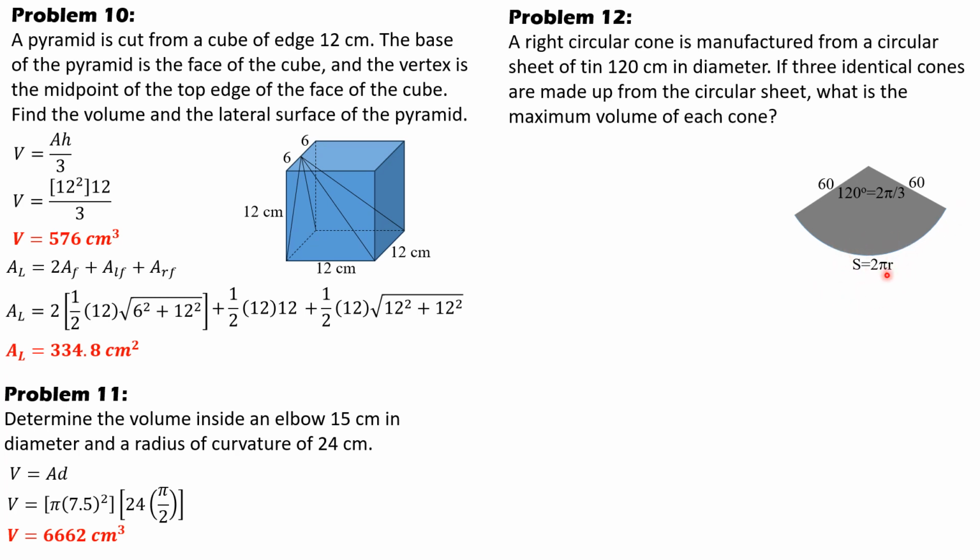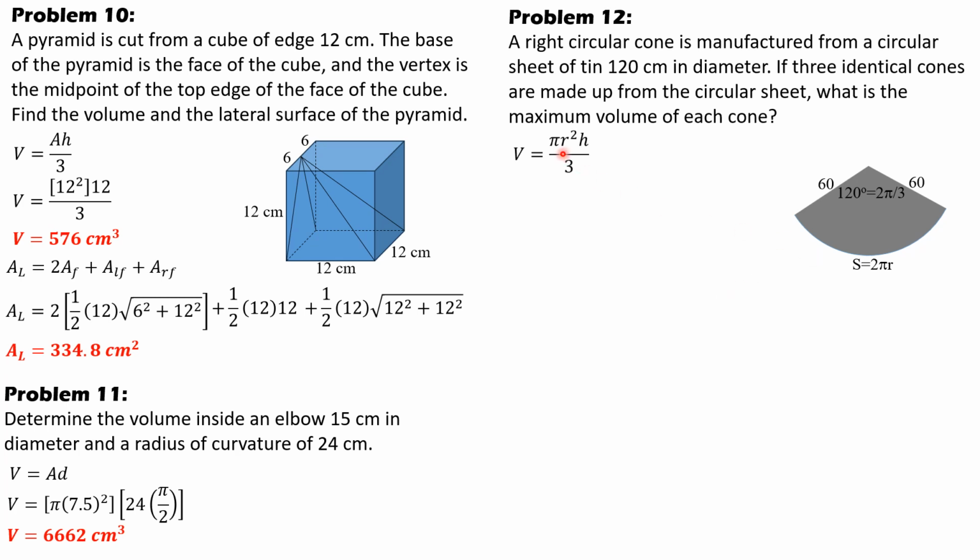So 2 pi r, the circumference of the base of the cone, and 120 degrees is 2/3 pi. This is the radius of the circular sheet, which becomes the slant height of the cone, 60, half of 120. Then the volume of the cone is pi r squared h over 3.